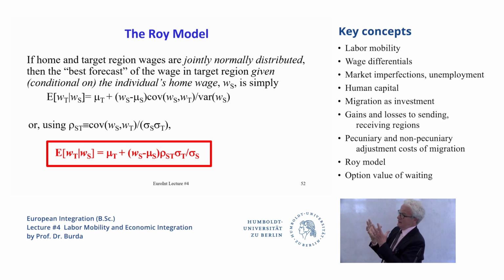It's going to be a sum of two things. It's going to be first the mean of the target plus a correction that's based on how far I am from my home average, controlling for the correlation, which could be negative or positive, and scaled by the standard deviation at home.